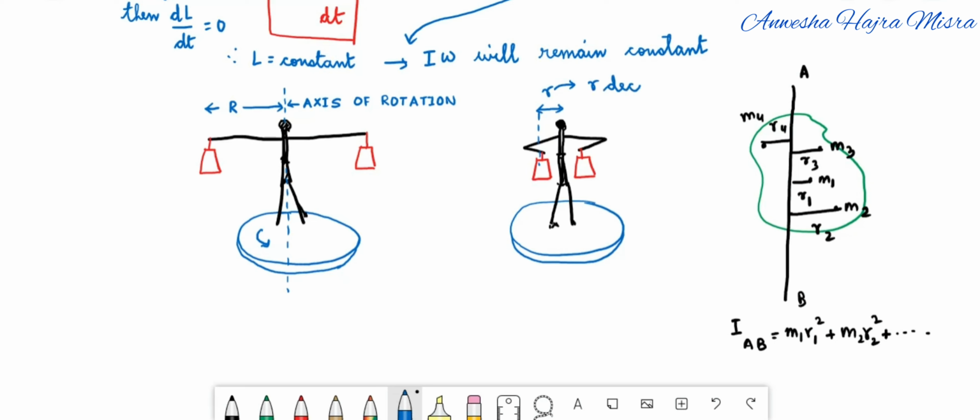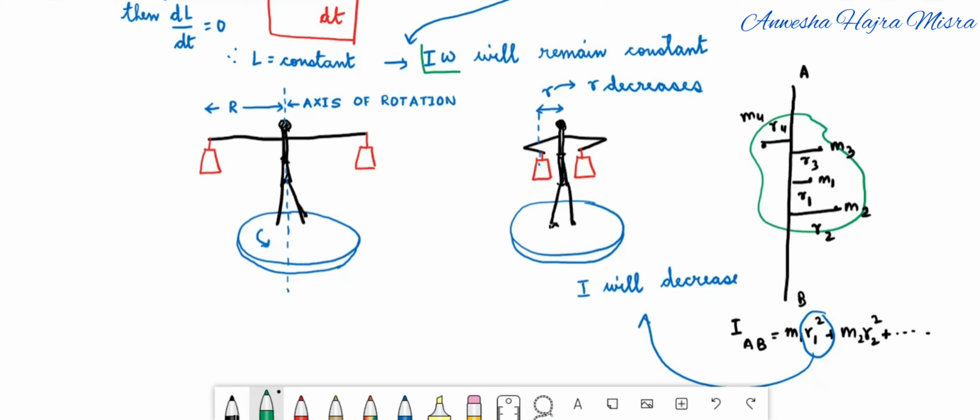R decreases. Now if R decreases, what happens? From here, I will decrease. But from the top, here there is no torque. So I into omega should remain constant.